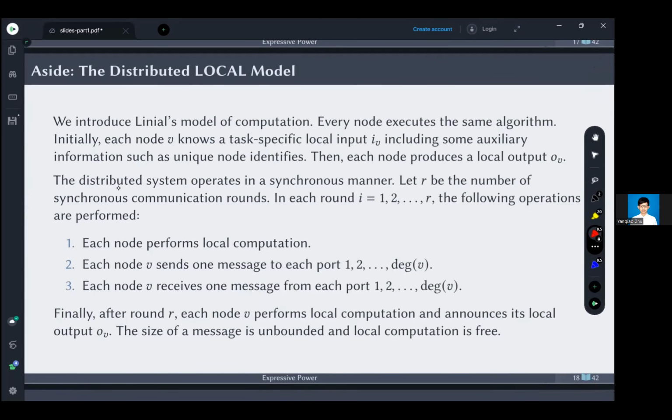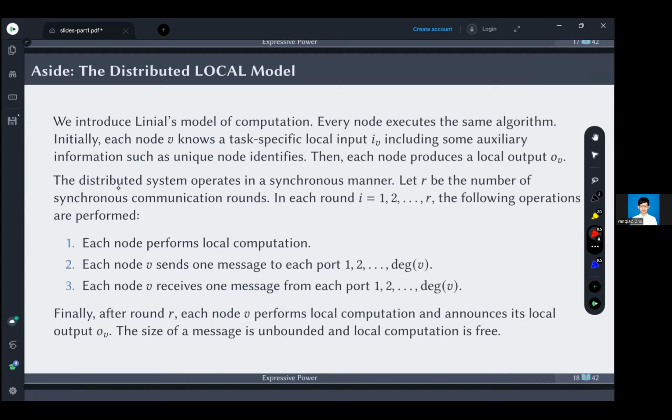Once you have a general idea of what a local algorithm is, we will briefly introduce the so-called distributed local model. The local model dates back to the 1980s.